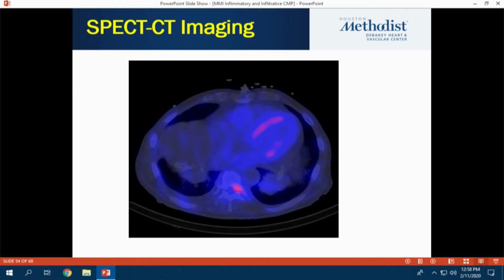So we're doing all our cases on SPECT/CT, and now I'm fusing the SPECT and CT, and I get images where I know exactly where the septum is normally. So I see the signal coming from the septum and from the inferolateral wall. So although the signal is not coming from the entire myocardium because of the patchiness of the disease, now I'm very confident that this is coming from the heart.